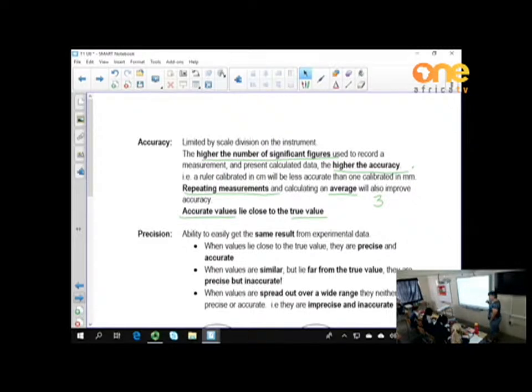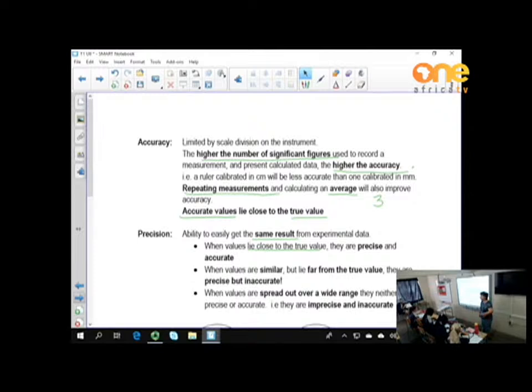I'll come back to that term in a moment. Precision, to be precise, is the ability to get the same result from experimental data. Then you are precise. When values lie close to the true value, they are precise and accurate.